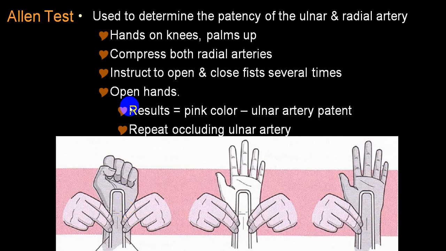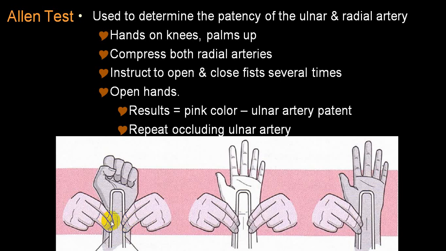This is to find out the patency of the ulnar and radial artery. You know that this is say radial, this is ulnar. So when you palpate, both blood vessels should be equally palpable. If both are equally palpable, almost we say that both arteries are patent.